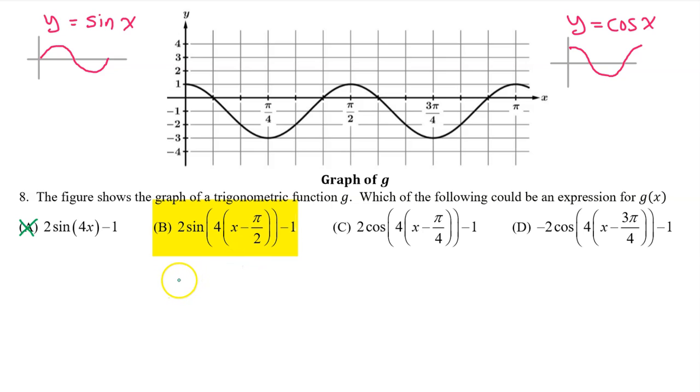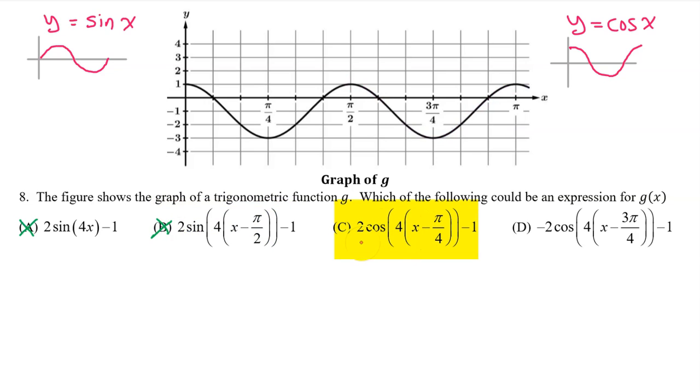That means we're looking at a phase shift of +pi over 2. So one period of option B is going to start right here at +pi over 2. So I'm going to go ahead and trace one period that starts at pi over 2. Again, this period looks like the cosine function, not a sine function. So the answer cannot be B.